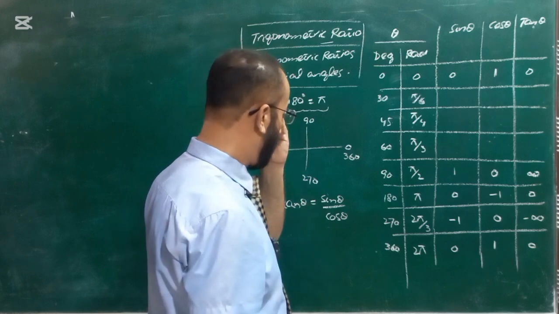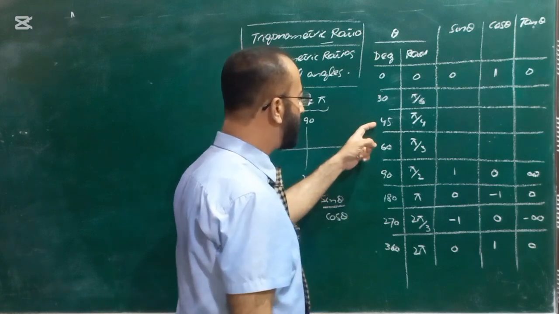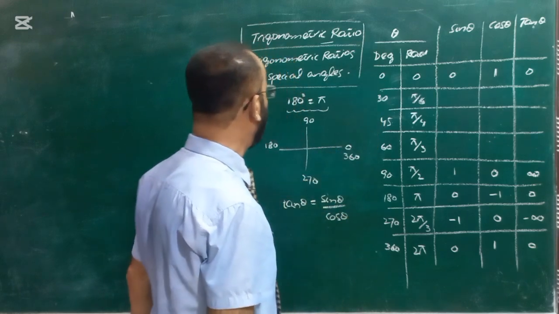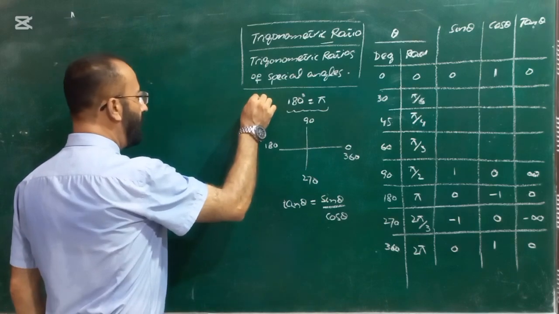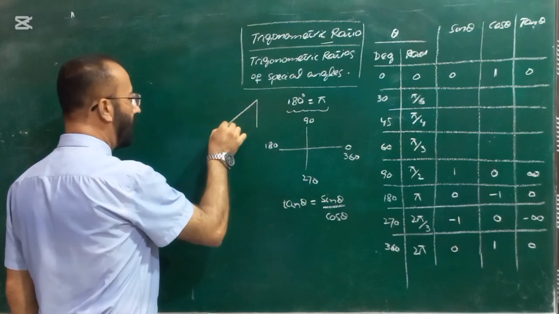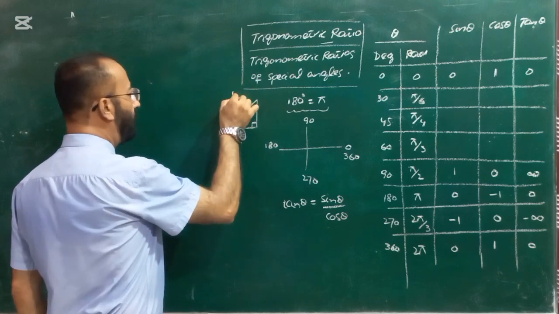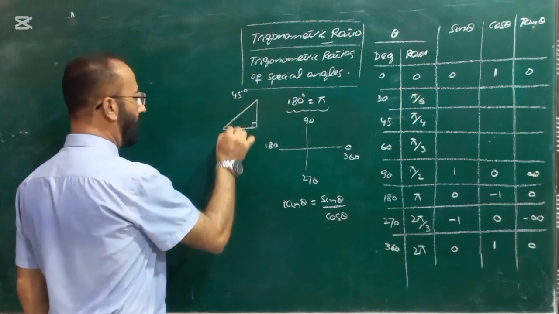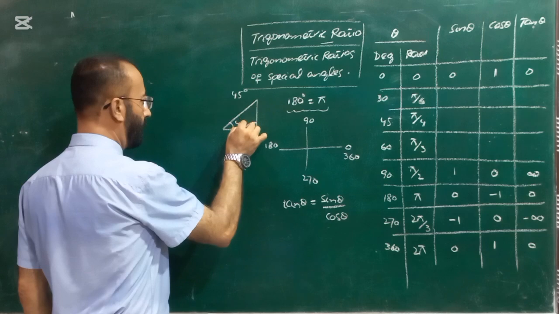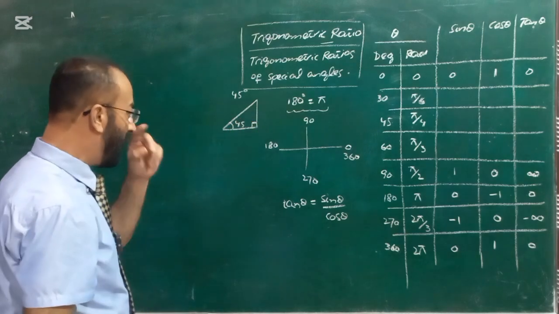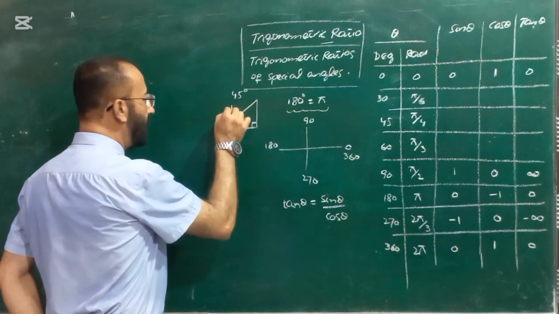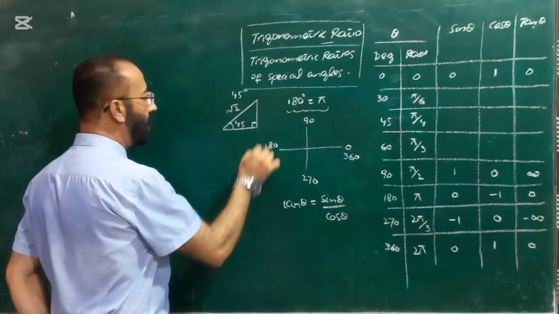Okay, look now. Next case which we are going to discuss is 45 degree. So for 45 degree, you have to learn a triangle. This is the 45 degree triangle. In 45 degree triangle, the hypotenuse is always square root 2.